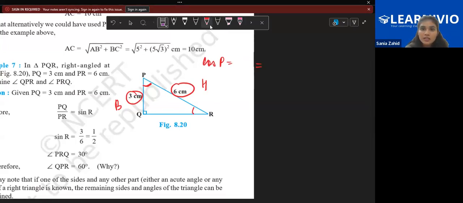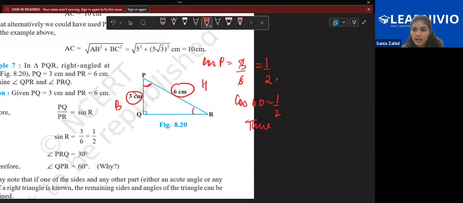That becomes 1 by 2. What angle has cos value 1 by 2? Cos 60 is 1 by 2. Thus, angle P is 60.